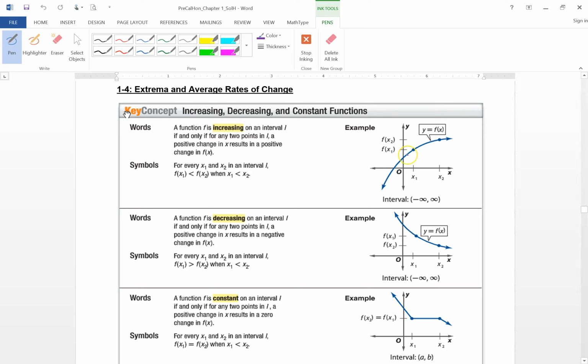When we look at functions in this context, we read it from left to right. So if you look at this function, starting at the left and going to the right, the function is increasing, right? It's moving upwards. If you were on this roller coaster, you would be going up. We don't say it is going up. We say the function, or f of x, is increasing, okay?